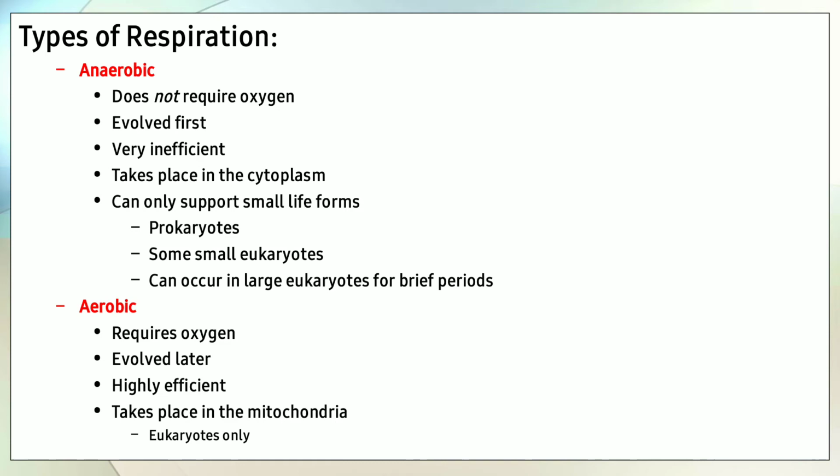Aerobic respiration evolved later, and its efficiency is higher than anaerobic respiration. It takes place in the mitochondria, and it is carried out in eukaryotes only. Prokaryotes means single-cell organisms, and eukaryotes means multicellular organisms.